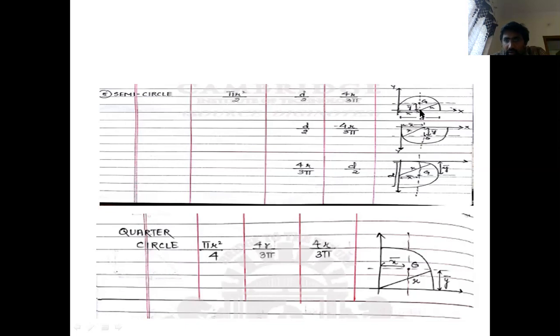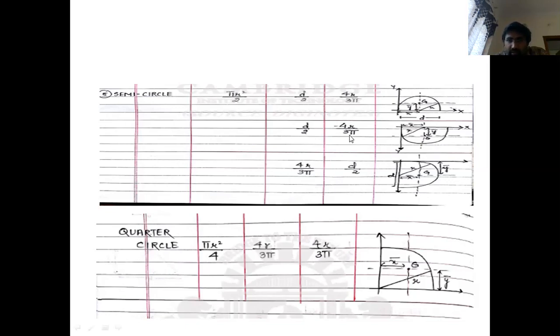So your y bar will be 4r by 3 pi, and similarly your x bar will be d by 2. So your CG is located at this point. Your total CG distance will be x bar equal to d by 2, and similarly y bar equal to 4r by 3 pi. Both are positive values because both are lying in the first quadrant.